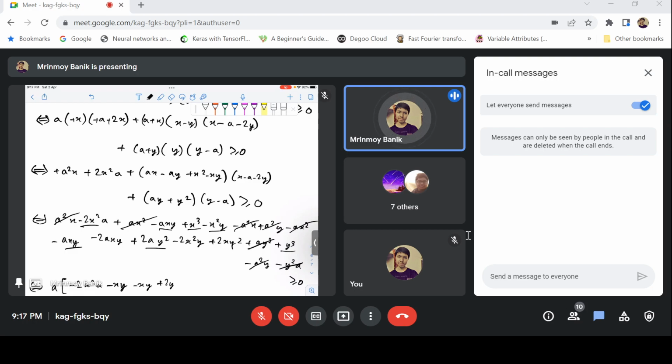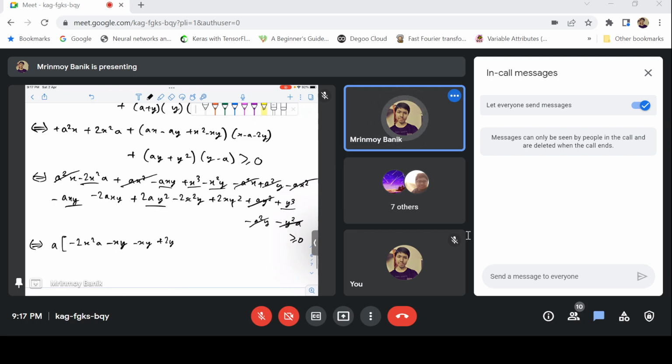Next we have ay plus y squared and y minus 1 squared x, minus 2x squared a, plus here we have ax squared minus axy, x cubed, then minus x squared y.